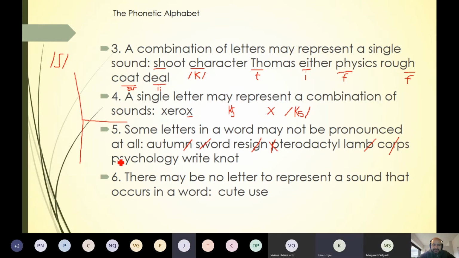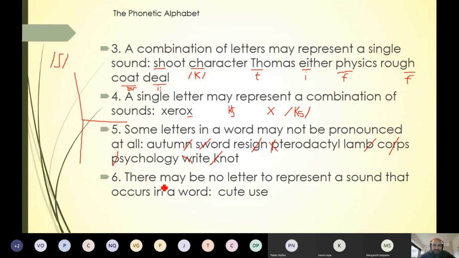P. E. This one? The letter E. W. Which letter? W. All right. And this one? Key. Okay. K. Yes, so the K is not pronounced. We say not. All right.